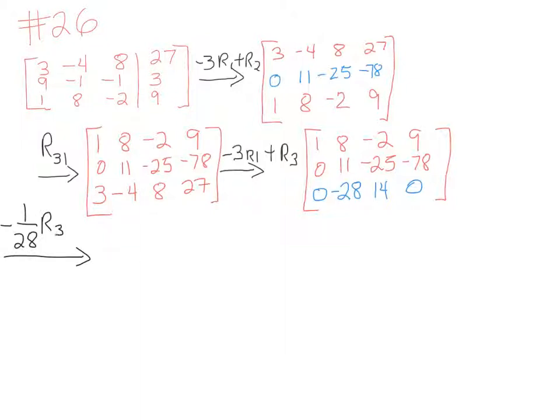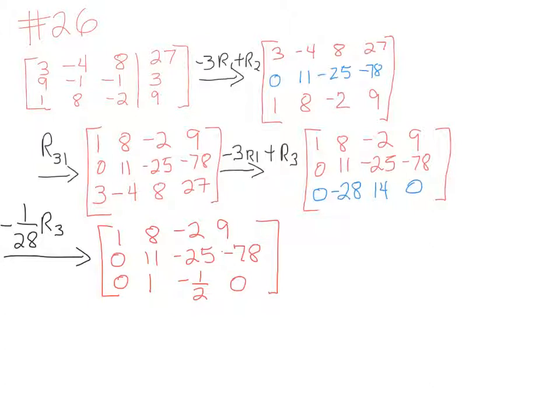row 3. Right. So I'm going to keep the first and the second the way they are. 1, 8, negative 2, 9, 0, 11, negative 25, negative 78. And when you multiply, the third row would be 0, 1, negative 1/2, and then it's just 0. Then we can flip them.